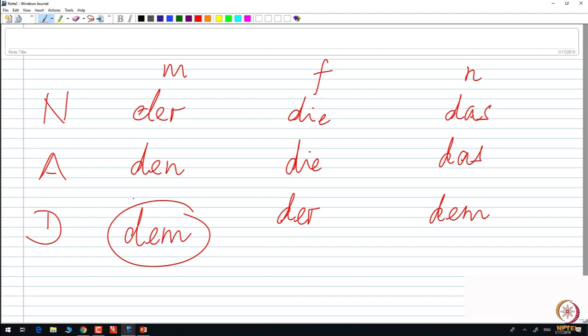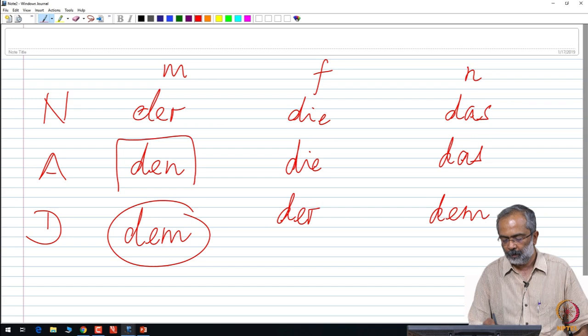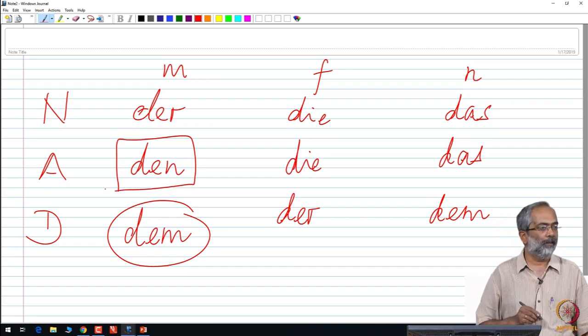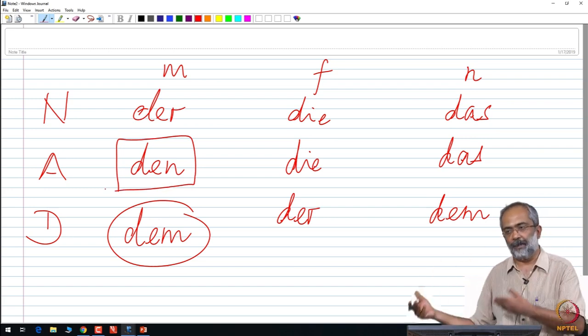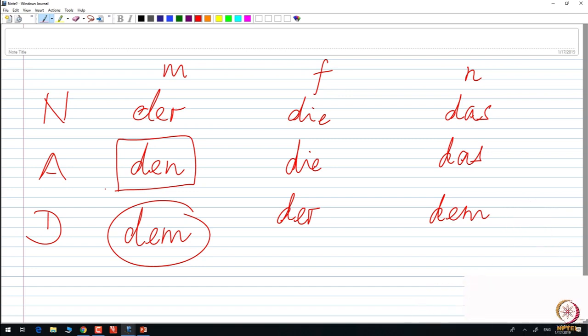Just like you have learnt that masculine nouns appearing in the accusative form are den, we have to learn that in the dative form it's dem. That's okay? Similarly, feminine nouns appearing in the dative case will be der, and neuter nouns appearing in the dative would be again like masculine, dem.